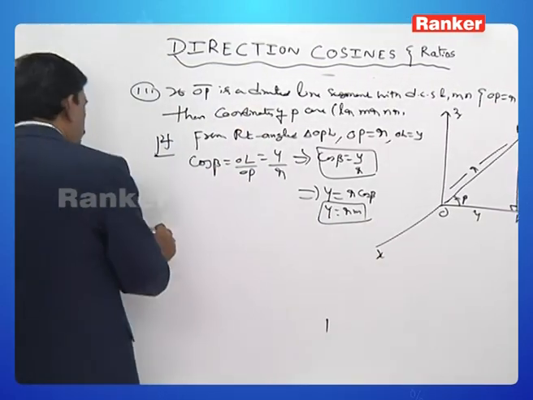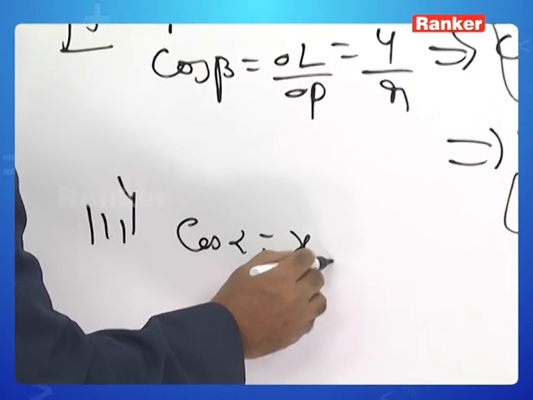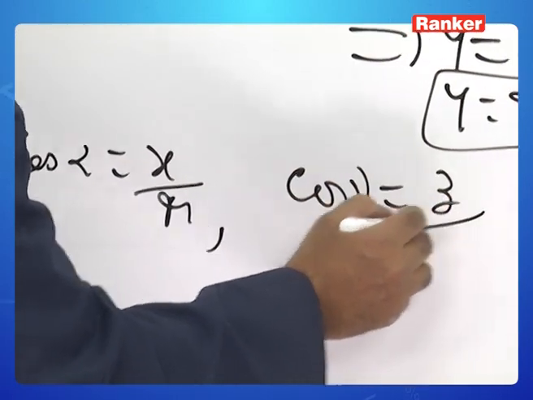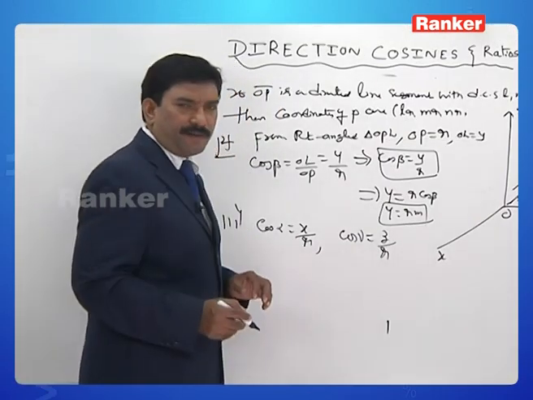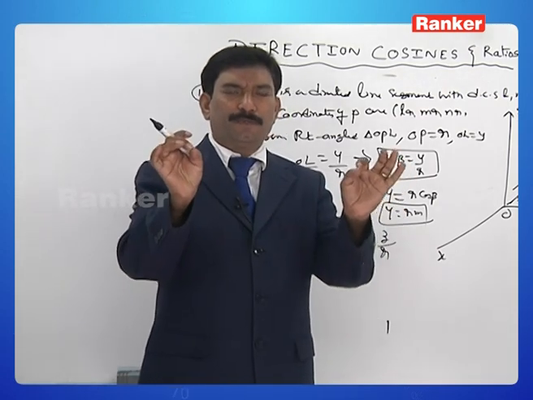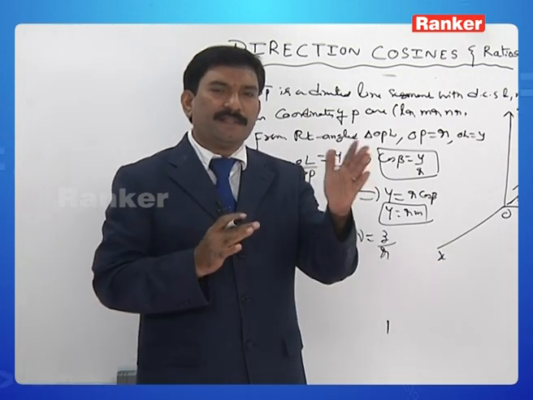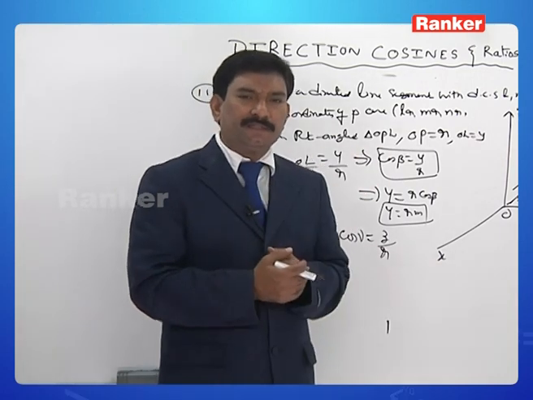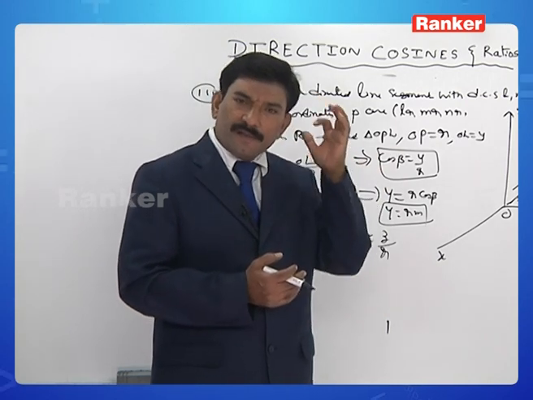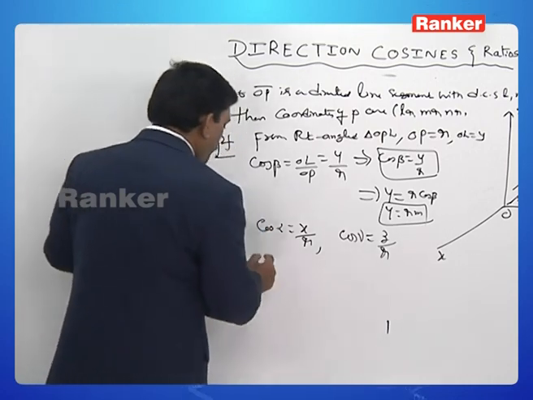Similarly, I can also go for cos alpha is equal to x by r and cos gamma is equal to z by r. The students must have a good perception in thinking about the x-axis and z-axis in the construction of a triangle. It would be tedious to represent three-dimensional. So now cos alpha is equal to x by r.